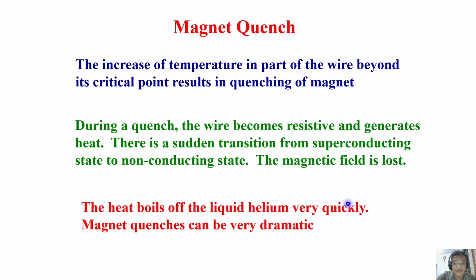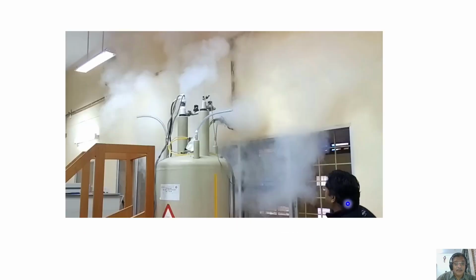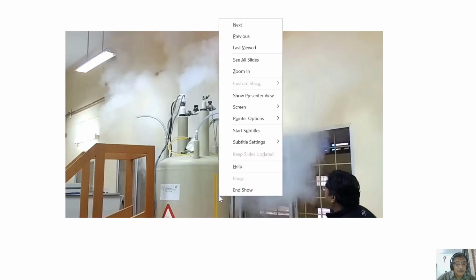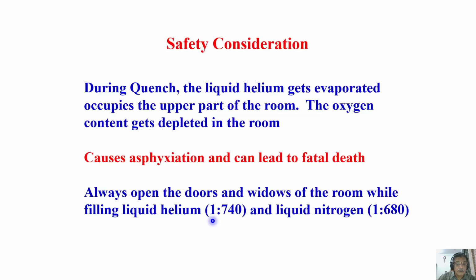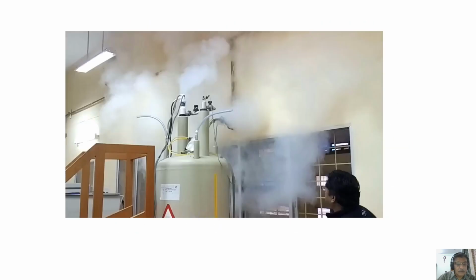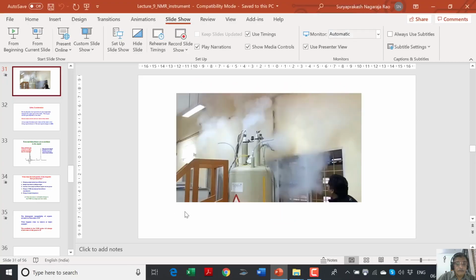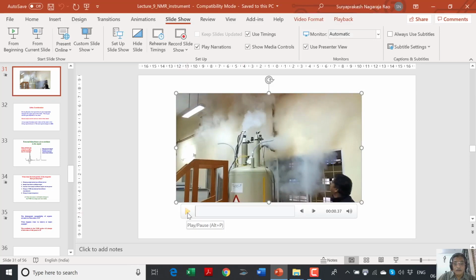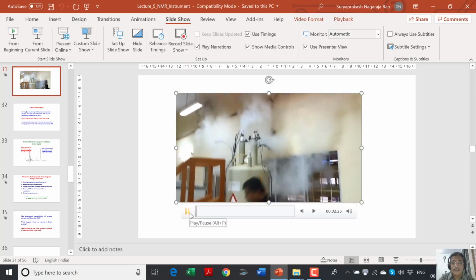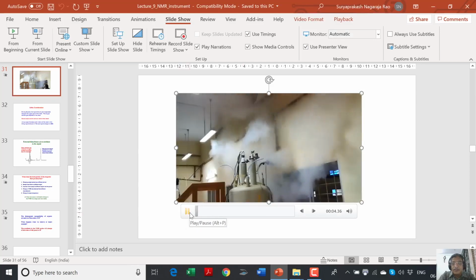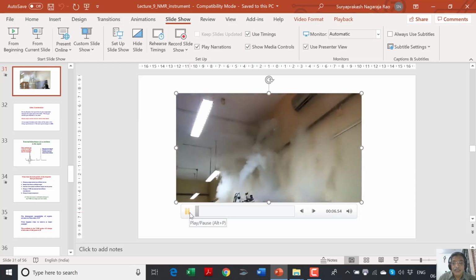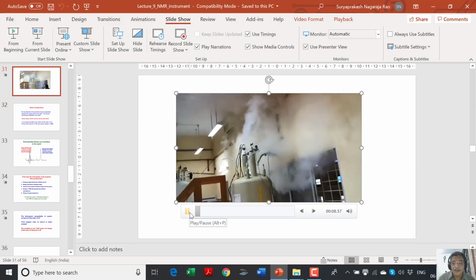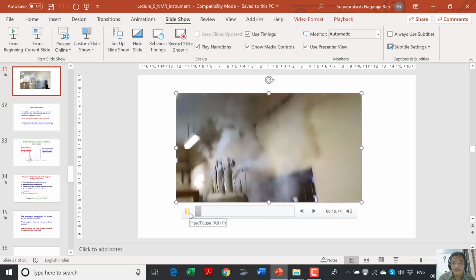The helium boils off very rapidly, and if you really see a magnet quench, it looks very dramatic. See here, you can see this is the quench which happened in our lab, one or two years back, while charging the magnet.